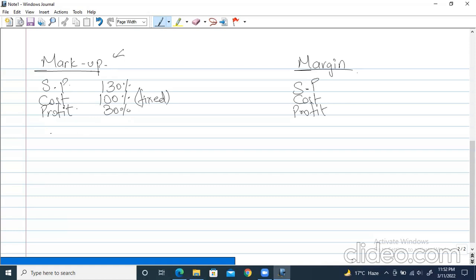So let me write the description of this. Based on profit, the selling price changes, right? So the two interchangeable, the variable figures over here are profit and selling price. Always remember, cost never changes from this, right?